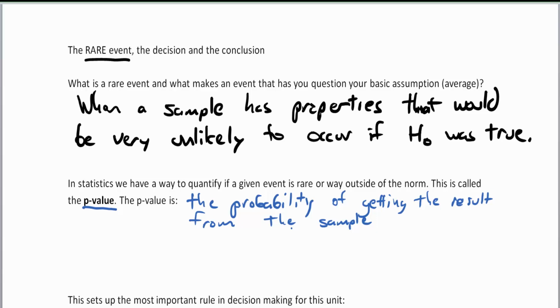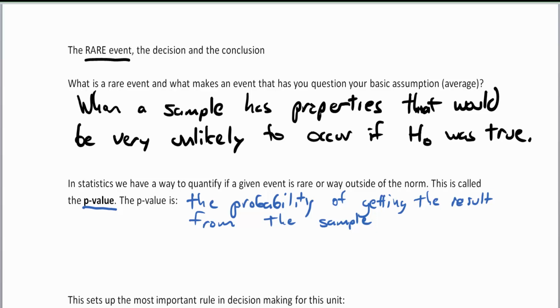Now, there's a very good definition of this in your book on pages 511 and 512, but my shortcut gives you the gist: if we have found a sample average or sample percentage, and the chance of doing that was incredibly rare, then we might have to forget that the null hypothesis is right. We might have to reject it.